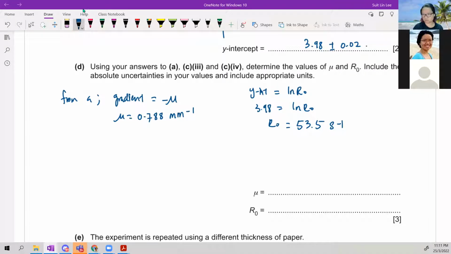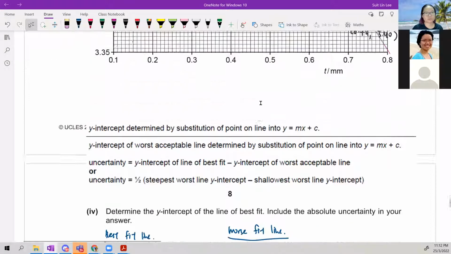Okay, where are we now? We are here already. Oh, we need to find absolute uncertainty. Right. Okay, so the uncertainty in mu over mu, percentage uncertainty, will be the uncertainty in gradient over gradient. So the uncertainty in gradient, let's rewind a bit.